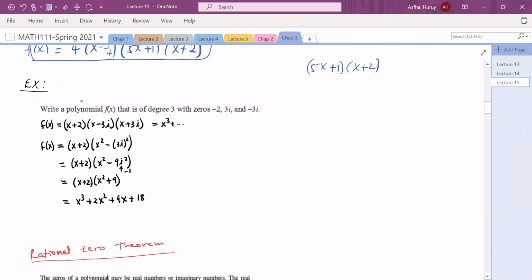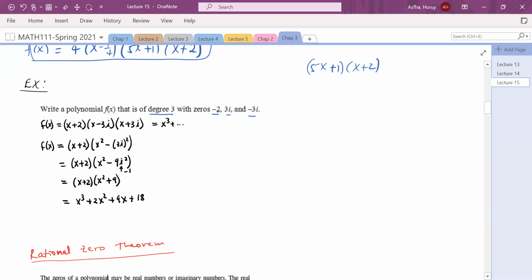And here the other way, write a polynomial f of x that is of degree 3 with zeros -2, 3i, and -3i. So for a polynomial of degree 3, we know it has 3 factors, including multiplicity, because we multiply 3 different factors to get degree 3.